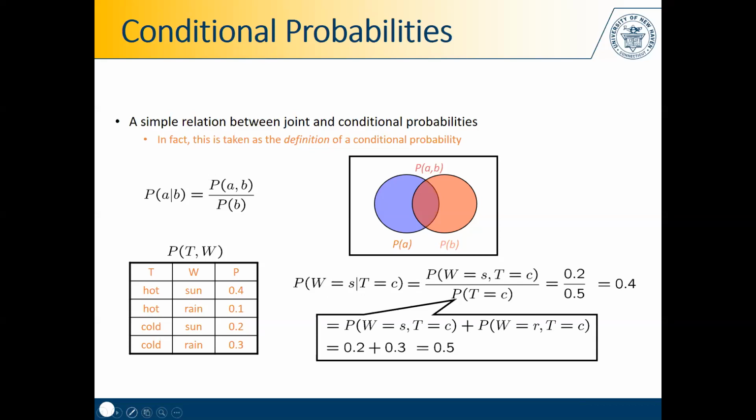It corresponds to this value here, 0.2, divided by the probability of temperature being cold. What's the probability of the temperature being cold? It's the sum of these two probabilities, 0.5, which gives us 0.2 over 0.5, which is 0.4.